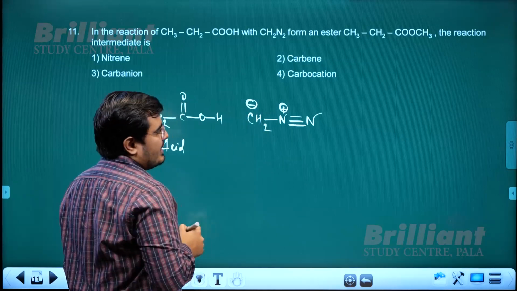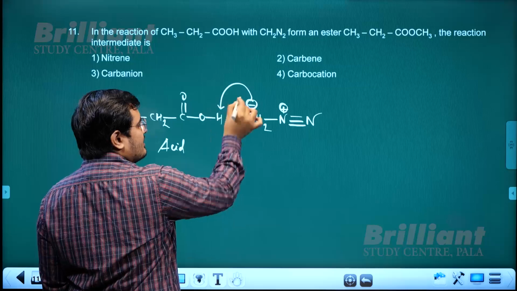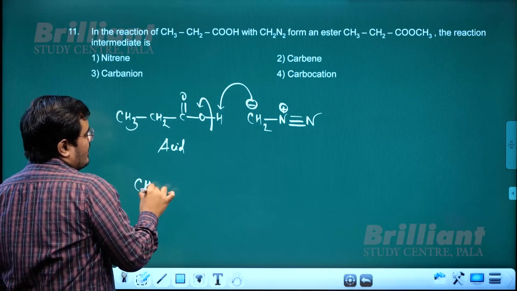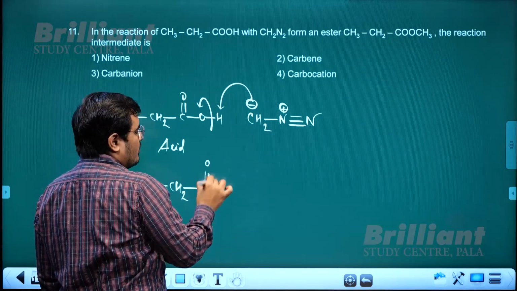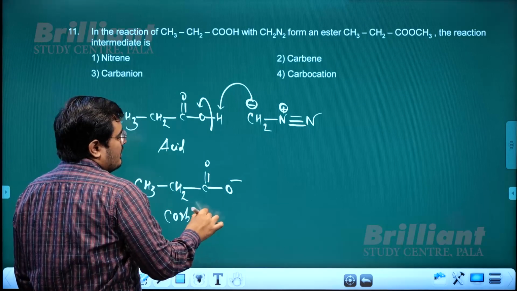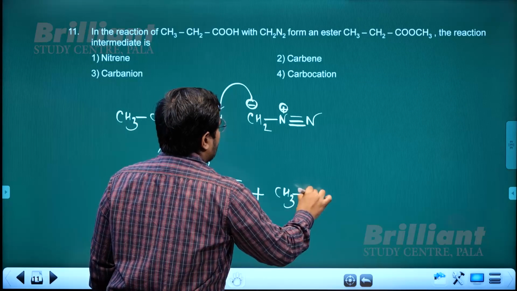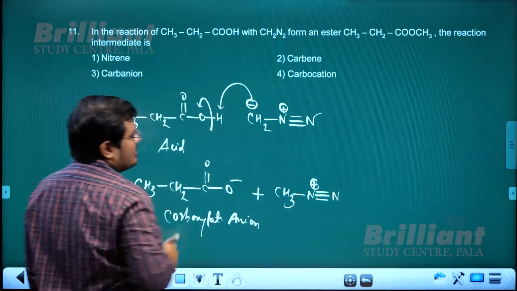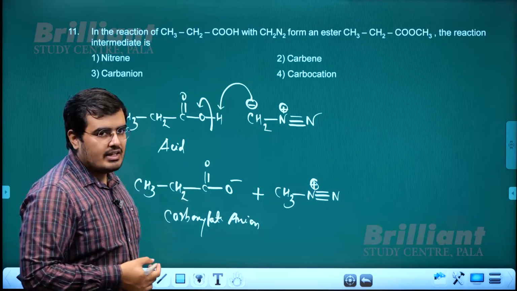the first reaction that you can expect is an acid-base reaction, as this hydrogen is acidic. So it will result in the formation of CH3CH2C double bond O, O minus. So you will form the carboxylate anion plus CH3N2 plus. If you remember, a few minutes before I said that N2 happens to be one of the world's best leaving groups.